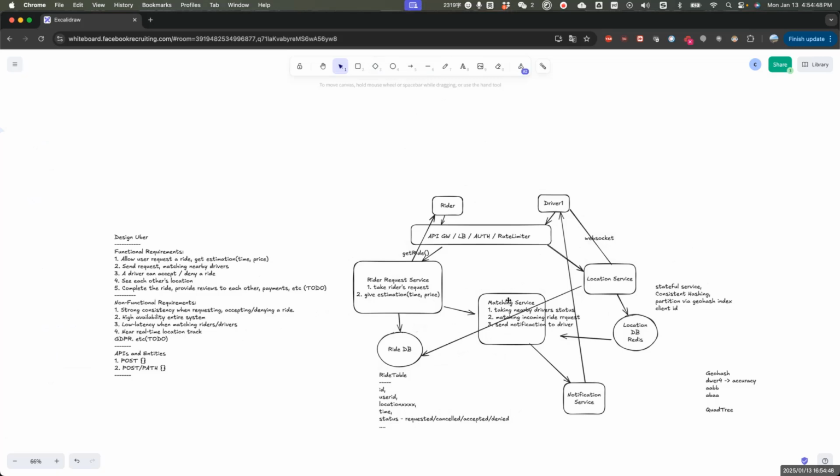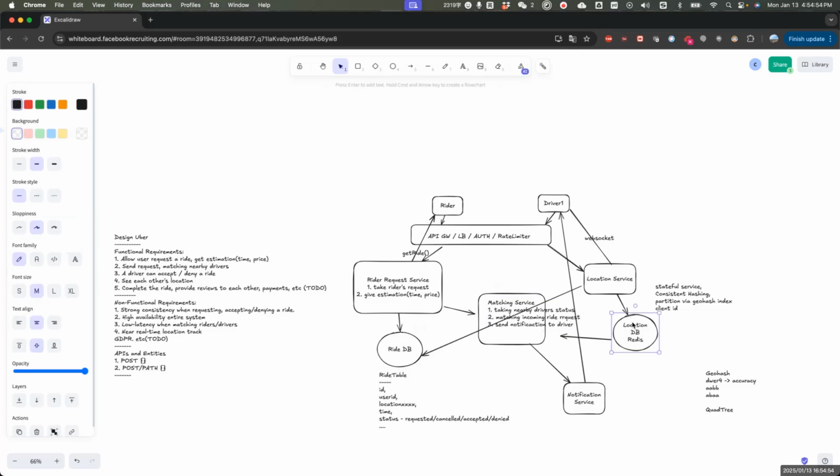We already talked about how to make our matching low latency. The first thing is that we make our location store Redis as a cache instead of a database.